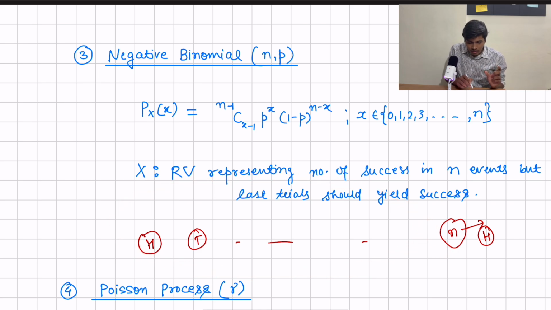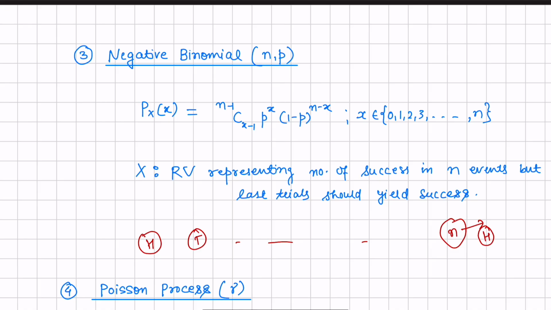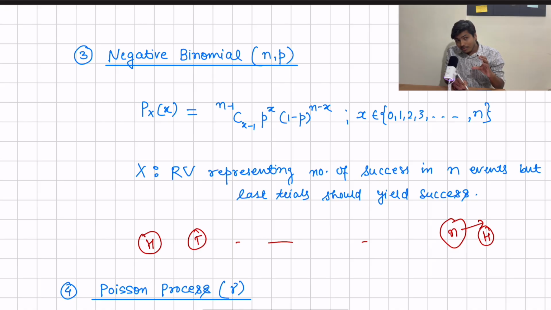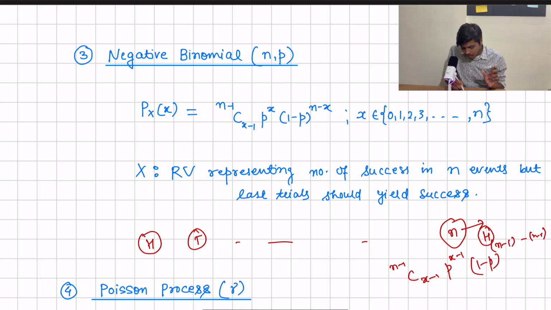If you go through the derivation of this PMF, you will say, okay, what is the probability that I will get x minus 1 successes in n minus 1 trials? It is n minus 1 C x minus 1 p raised to x minus 1 times (1 minus p) raised to n minus x.